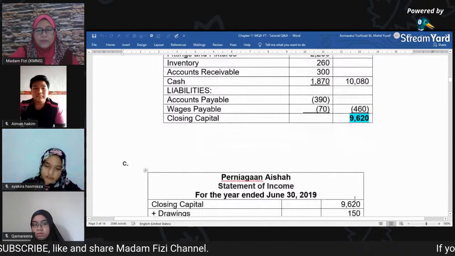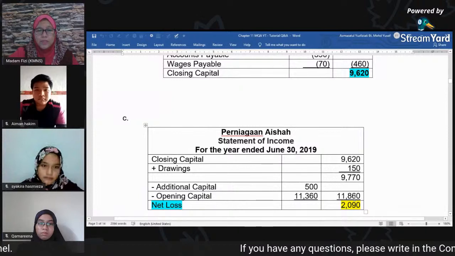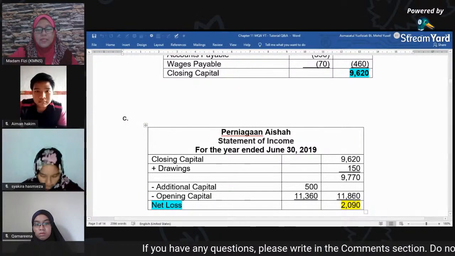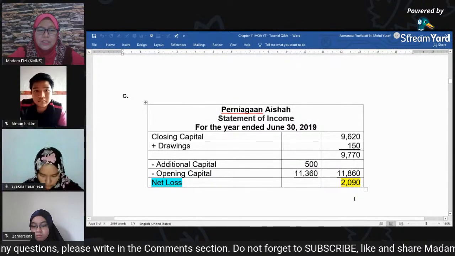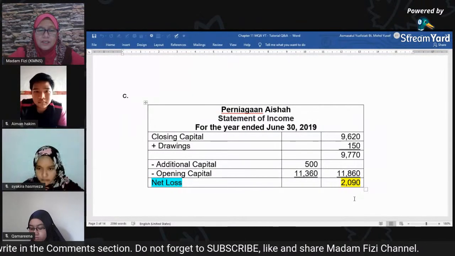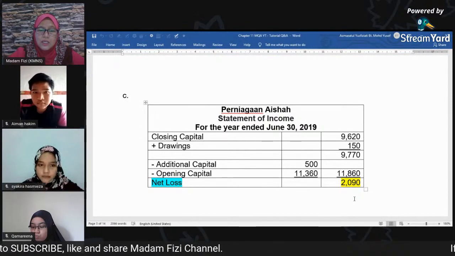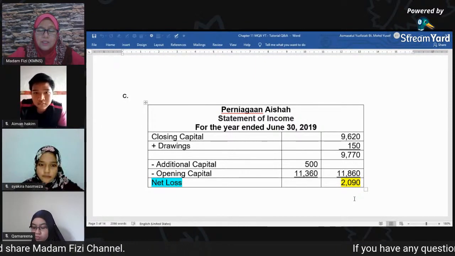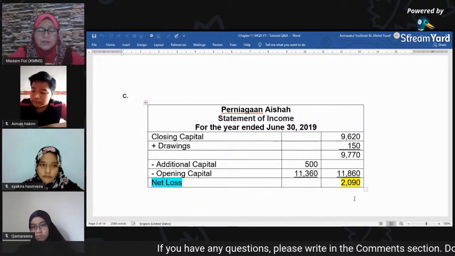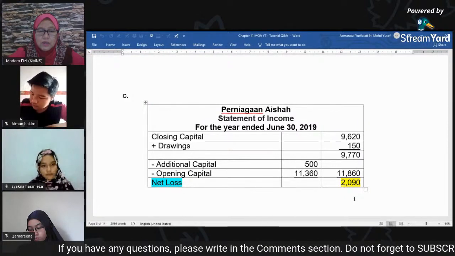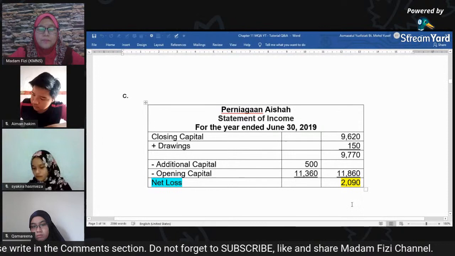Okay, next is to prepare statement of income. Because we don't have any information of revenue and expenses, so you have to use the owner equity formula, by reversing the owner equity formula.